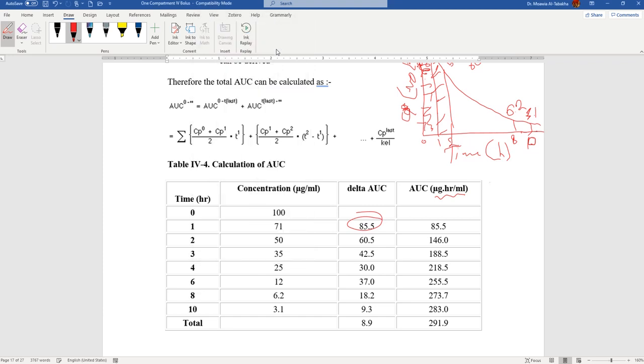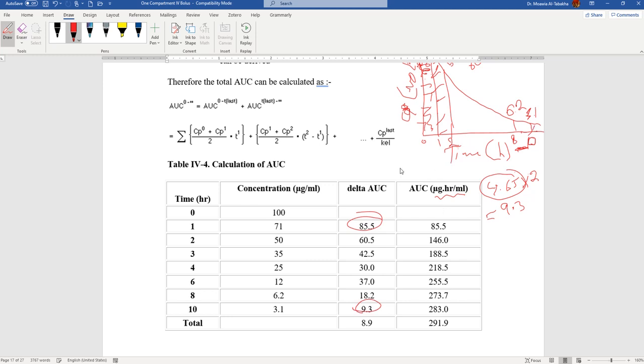So 4.65 and then multiply it by 2. You already divided this by 2, now you are multiplying it by 2, so you will get the same number, 9.3. What is the unit? Microgram per ml into hour. Okay, this is what we get.